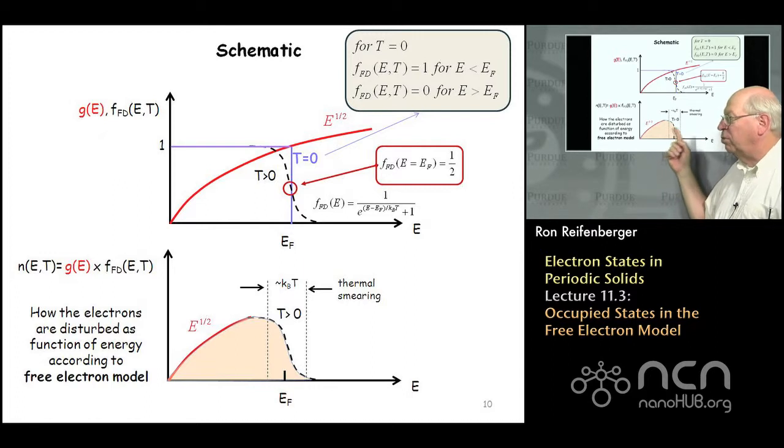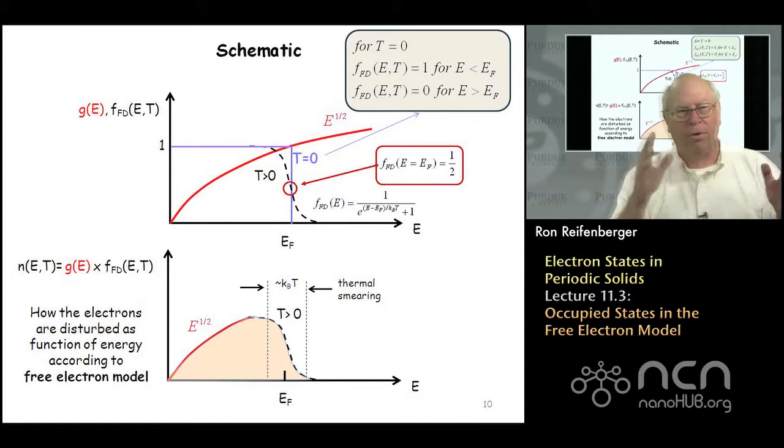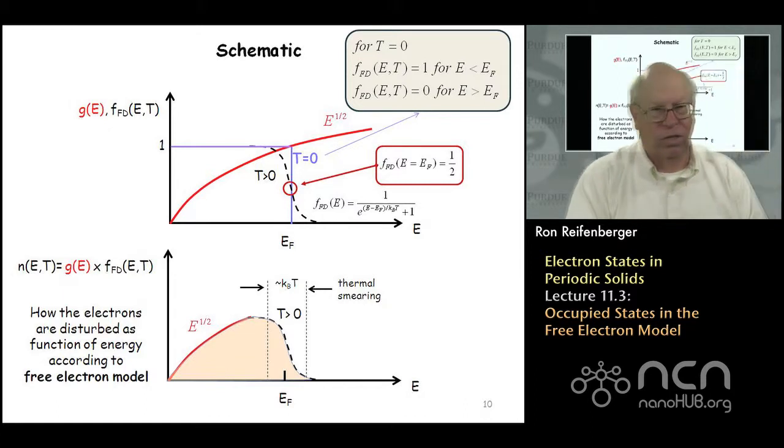So this is referred to as thermal smearing, and it actually shows that you've got electrons above the Fermi energy at finite temperatures, and the smearing of this region between occupied and unoccupied states is on the order of k Boltzmann times the temperature T of the system.